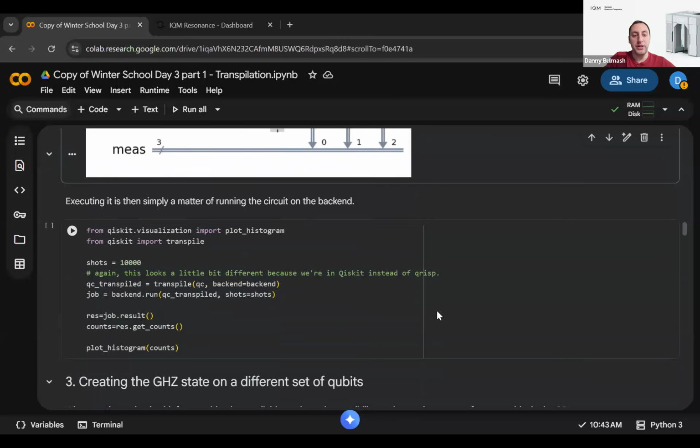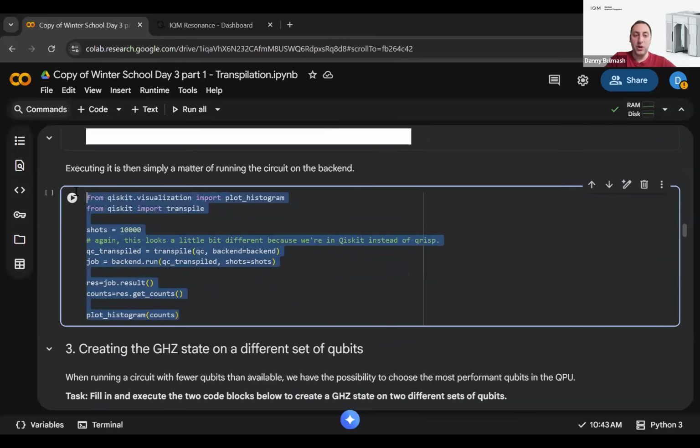Now, if we want to do this, this code will run and plot the results of this circuit. This is what we've done before in CRISP, but here the important thing that we're going to be using a lot today is this transpile command.